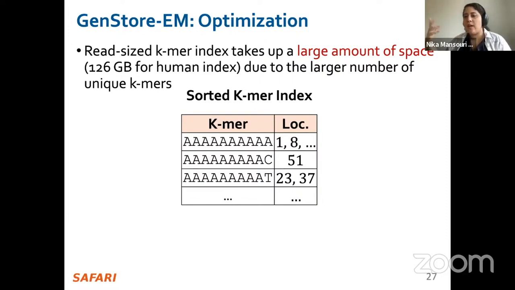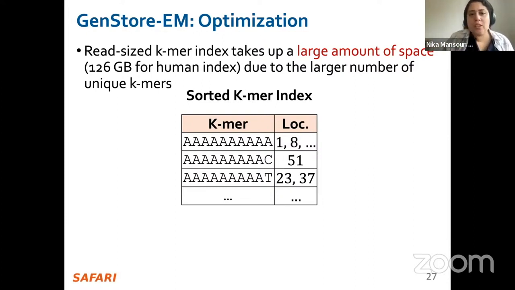This is because of the large number of unique read-sized k-mers. So imagine we have 150-mers here, whereas in the baseline we would have 15-mers or 19-mers. As you can imagine, the number of unique elements is very large, and also each element on its own is very large.